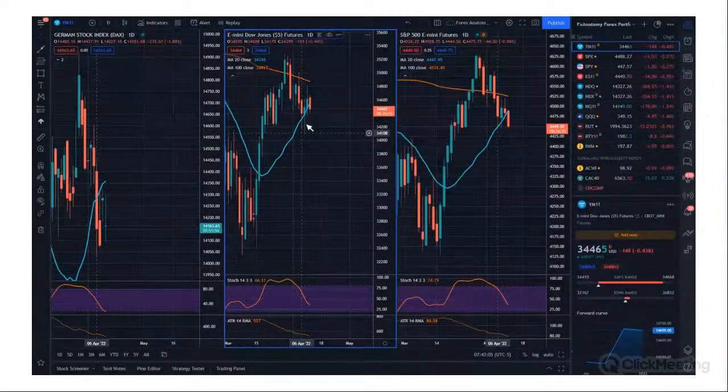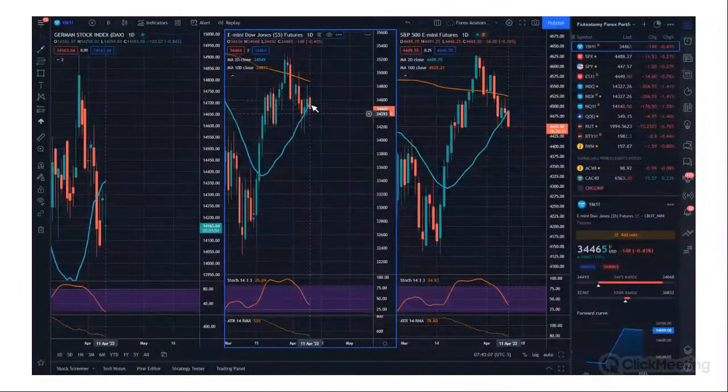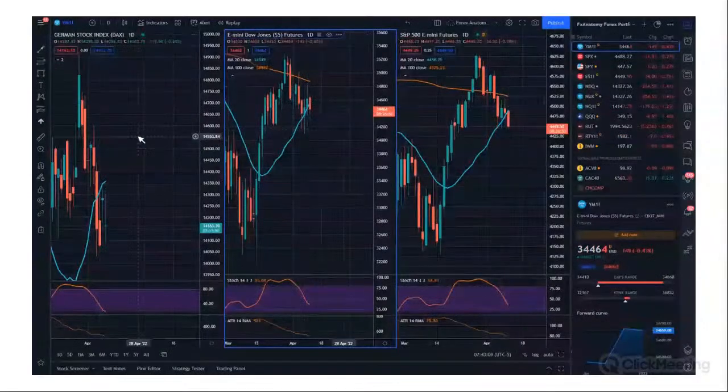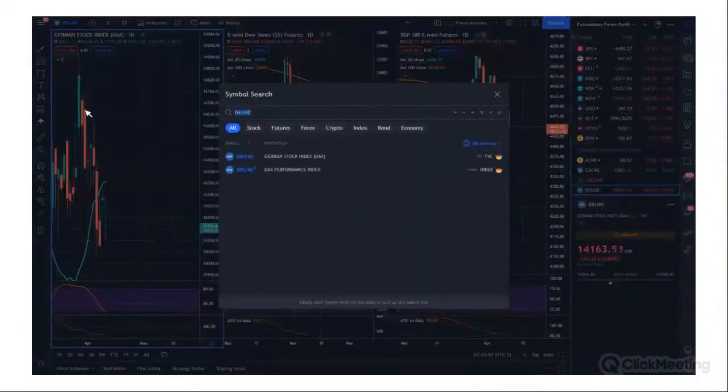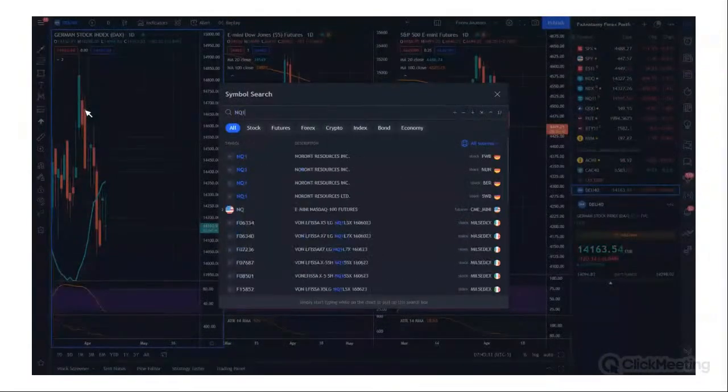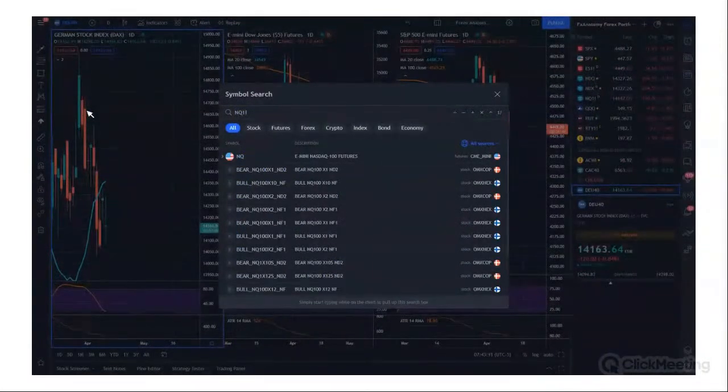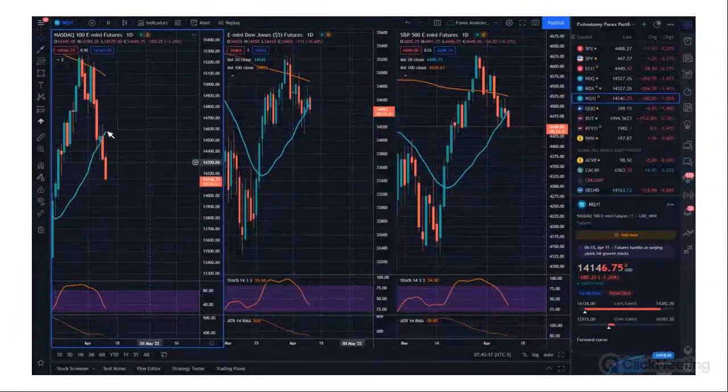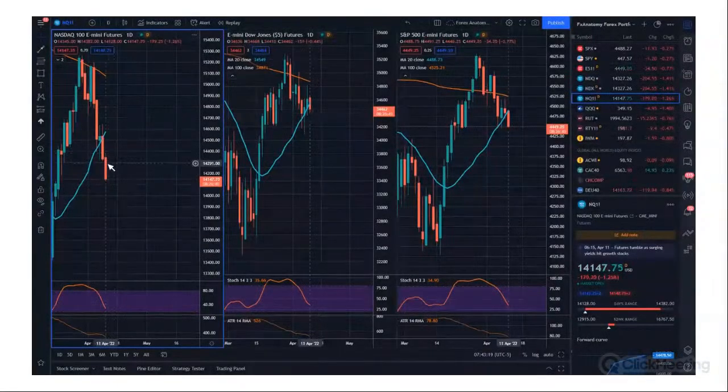We can see the same thing for its daily candlestick. It's selling off. And let's go to the NASDAQ E-mini futures right here. We could go to the Russell too, but I think all of them are saying the same. You can see here how the NASDAQ E-mini futures are selling off the most.